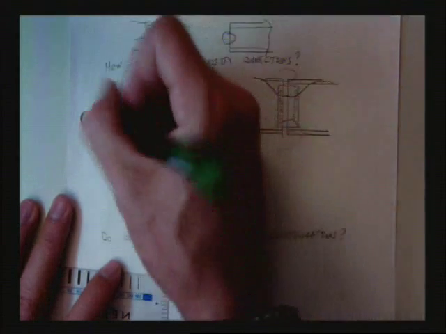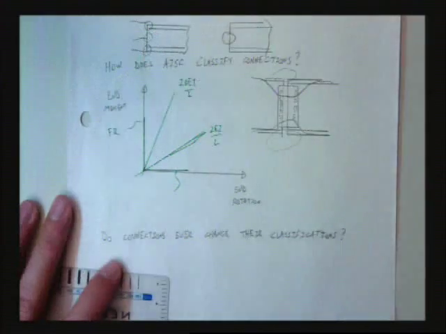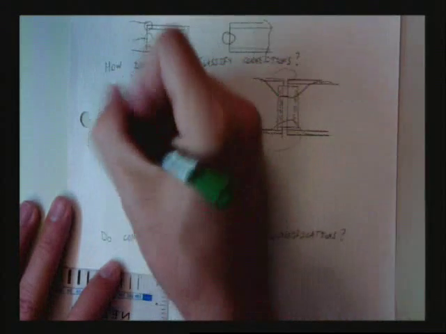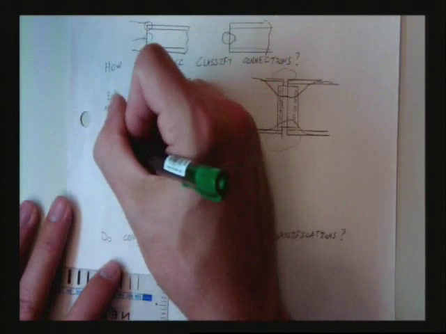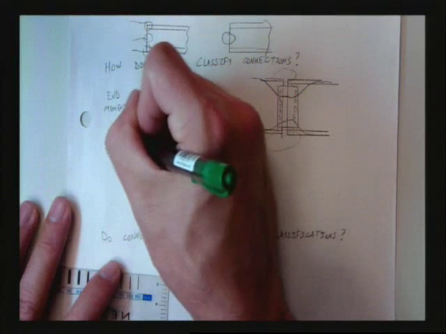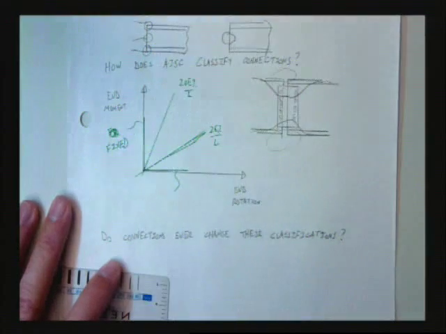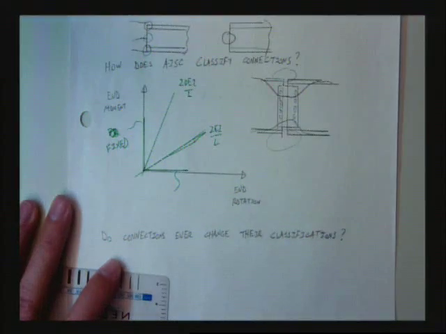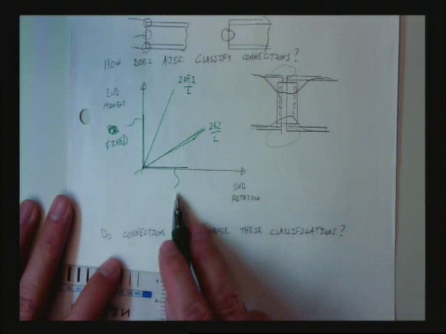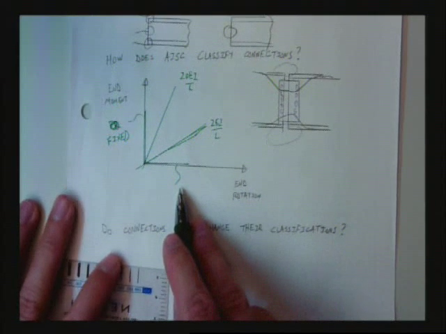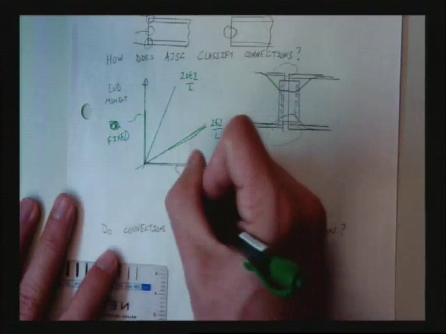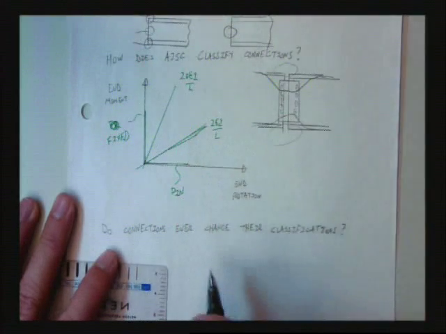Fixed. Fully restrained. We'll call it FR for fully restrained, right? Or fixed. Fixed is actually probably even a better answer, Jacob. Purely fixed. The pure academic fixed. And how about down here? What was this? Pin. The pure academic pin.